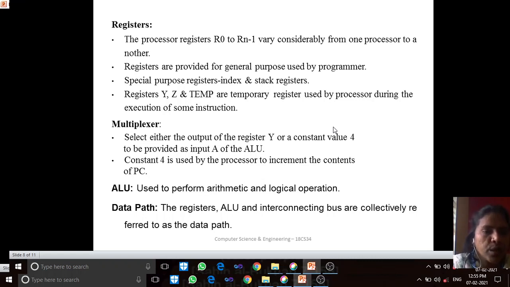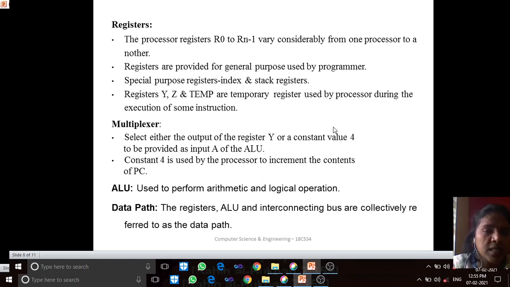The multiplexer is a digital circuit that selects either the output of register Y or a constant value 4. I told you it is a 2-to-1 mux connected to the internal bus. Why is the constant 4 added in the processor, to increment the contents?